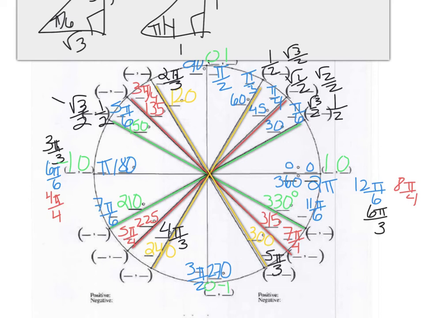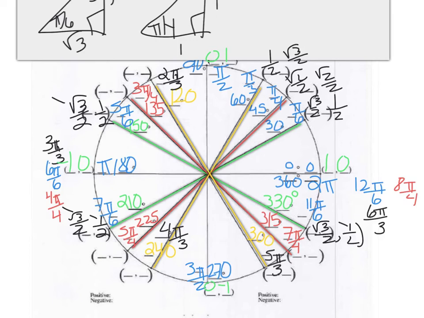For 210, or 7 pi over 6, again, I'm going to have root 3 over 2 as the x, 1/2 as the y, but because we're to the left and down now, both are negative. And then over to 11 pi over 6, again, it's going to be root 3 over 2 comma 1/2, but this time only the y is negative because we're to the right of the origin.